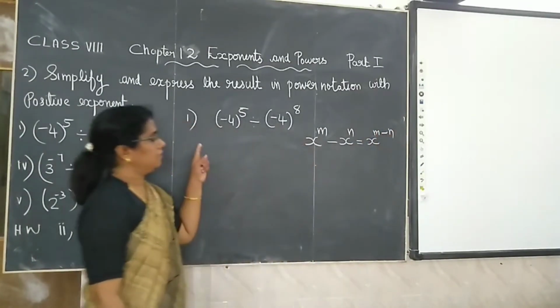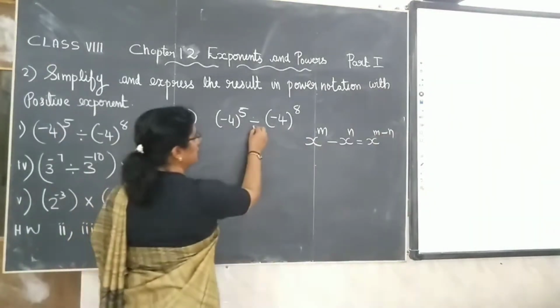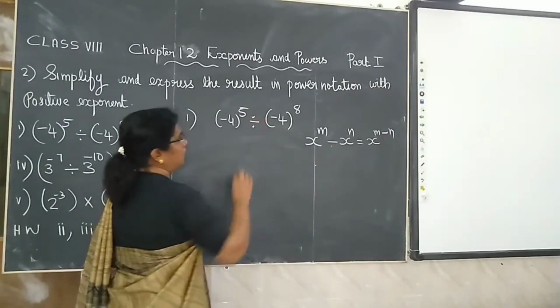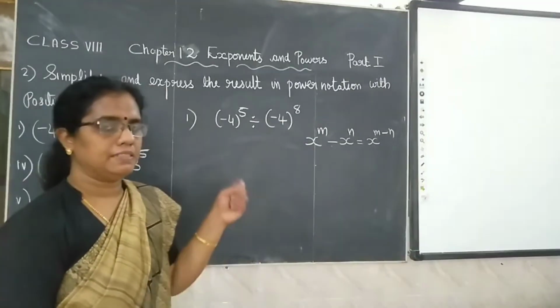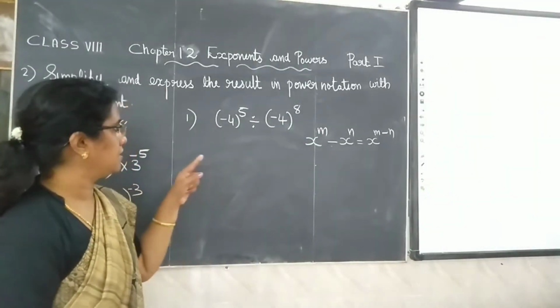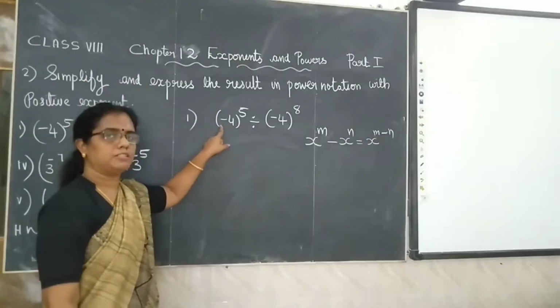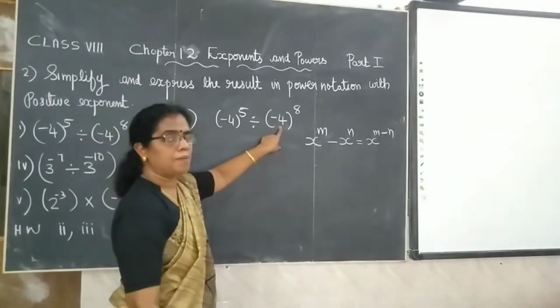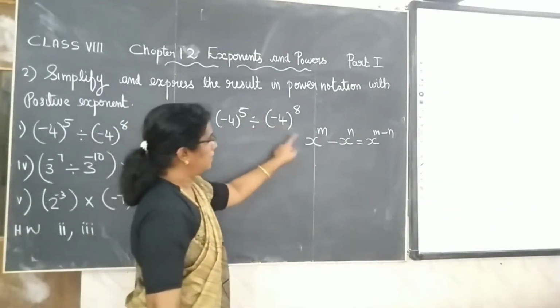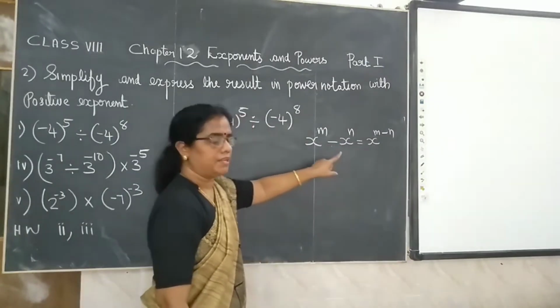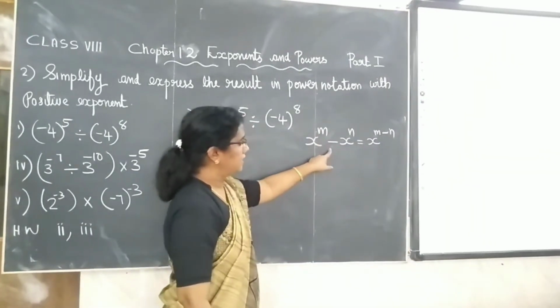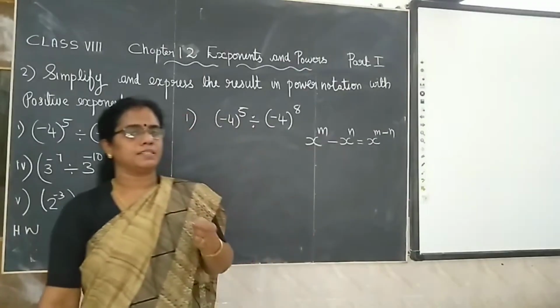If we have to divide, this symbol is the division symbol, and if the base is the same, subtract the powers. Here the base is minus 4, here also minus 4. So it is of the form x raised to m divided by x raised to n, and for division we subtract the powers.